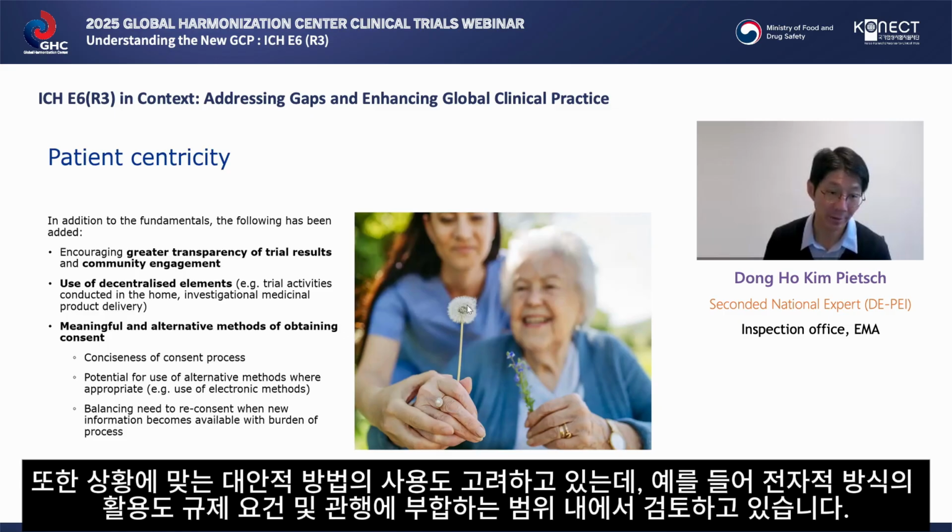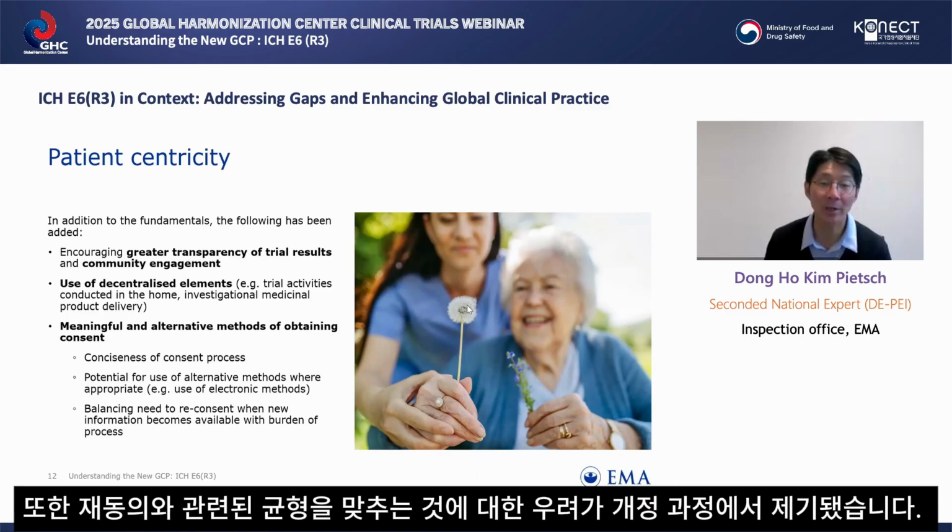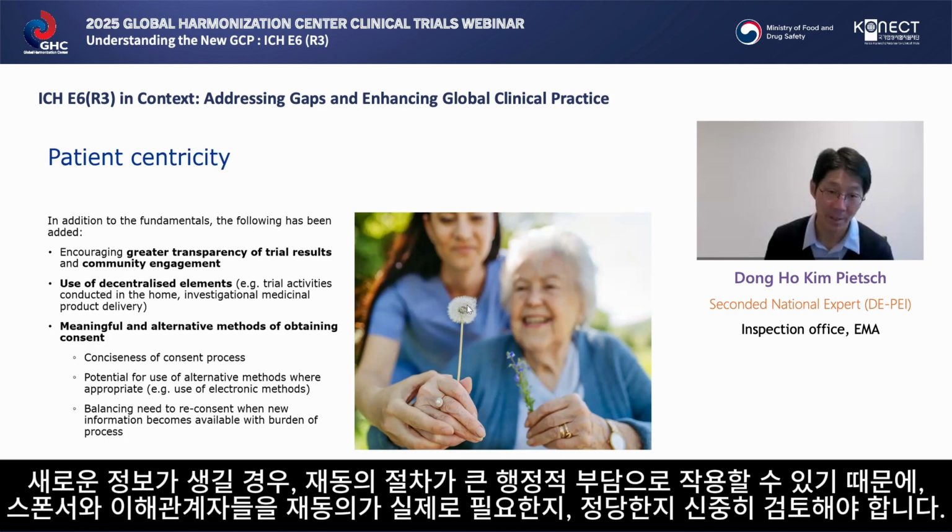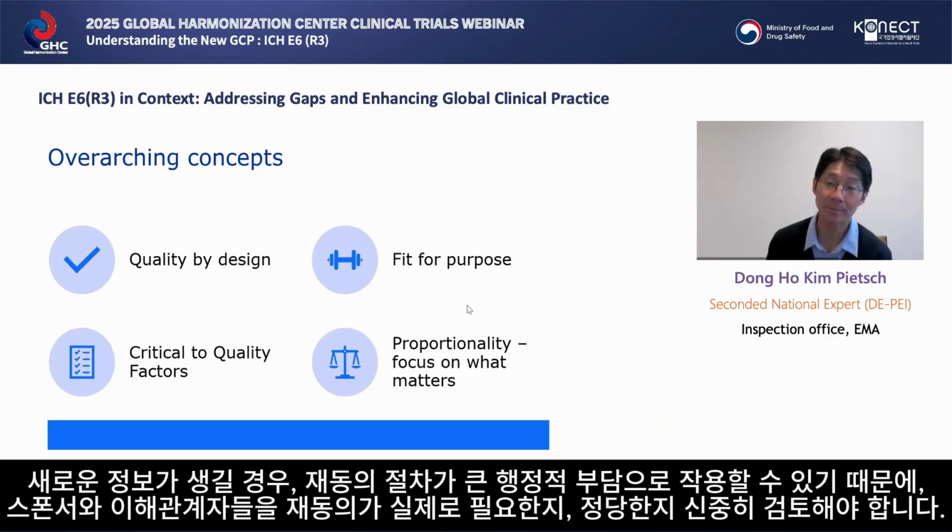And it's also balancing reconsent, which was also a concern and input received during the process, when information becomes available and it comes with a lot of burden. Sponsors and stakeholders should think about when reconsent is actually needed and warranted or not.